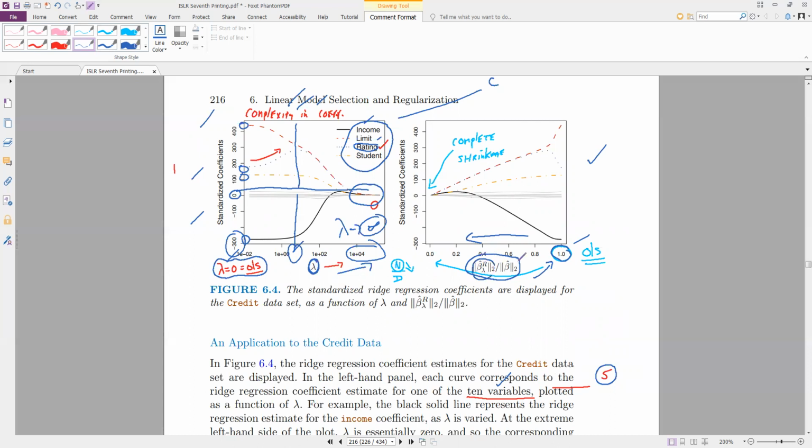So the norm here divided by the norm here is equal to 1. As we head towards the left, what's happening is we go from 1 towards 0.